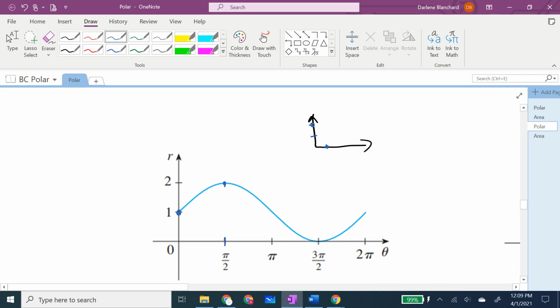And what I want you to try to imagine is this line is turning, and as it turns, that point is moving along that line very smoothly. And what it creates is an outward going spiral.